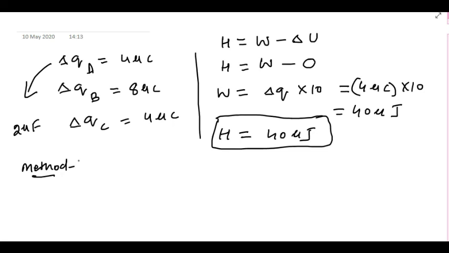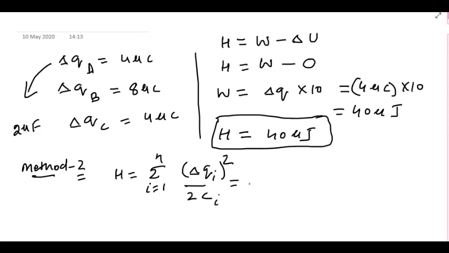So there is another method, method number 2. Here we have calculated the change in charges, and then we apply the formula of heat. So heat is equal to the summation, i equals 1 to n, of delta Qi square upon 2C. You have to take it for each capacitor, right? So I am taking the first capacitor, that is 1 by 2, the change in charge was 4, right?